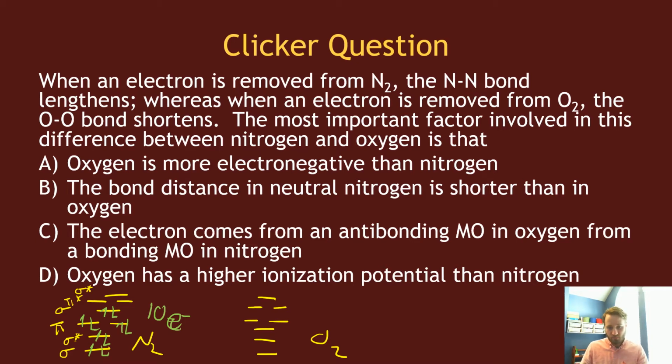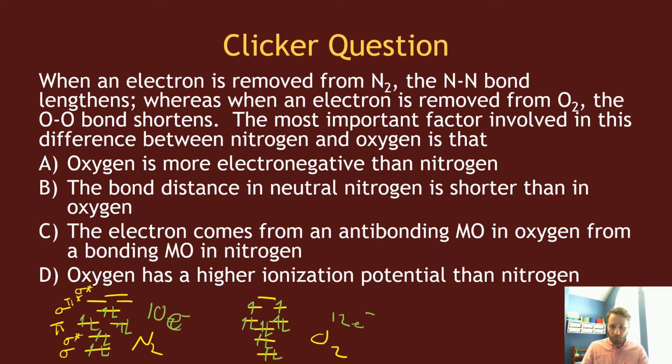For oxygen, we have 6 electrons in this valence space, so there's a total of 12 electrons for O2. So we get 1, 2, 3, 4, 5, 6, 7, 8, 9, 10, 11, 12. Notice here I put them in separate orbitals with the same spin.